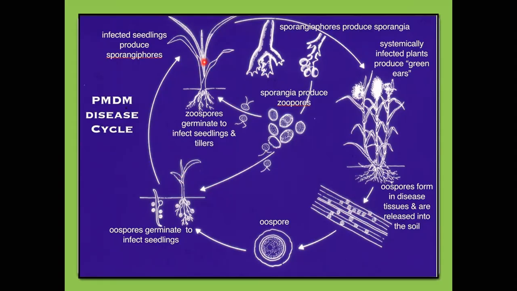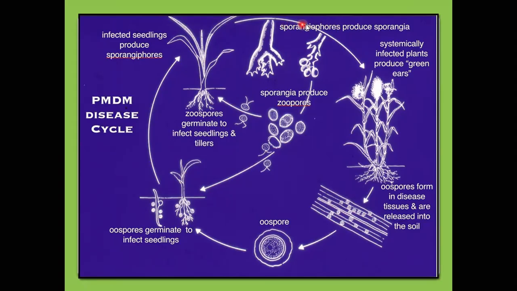This fungus becomes systemic in nature, meaning it develops symptoms on the emerging earheads. These earheads are completely or partially transformed into green leafy structures. Once symptoms are produced on the leaf or earhead portion, the sporangia and sporangiophores develop on the infected leaf or infected earheads. The mycelia develop and produce the sporangiophore.